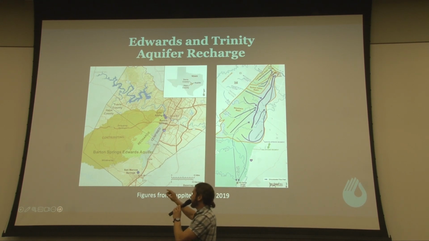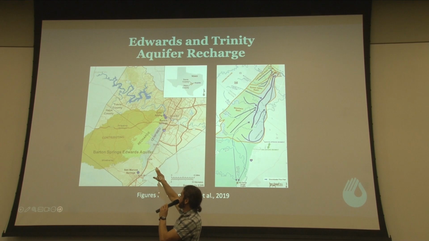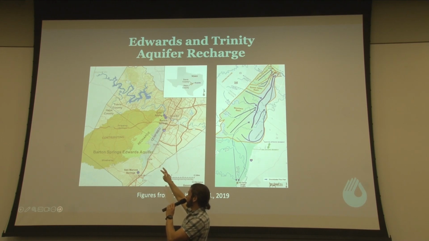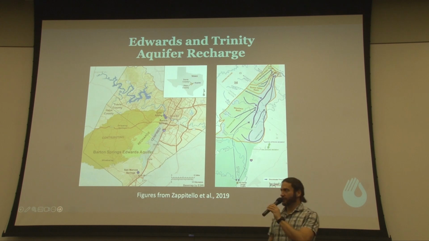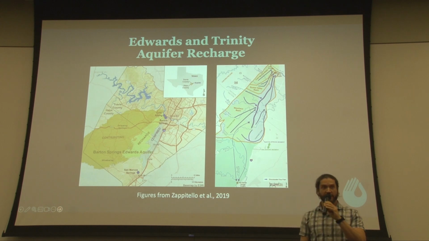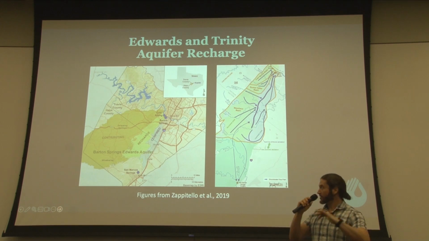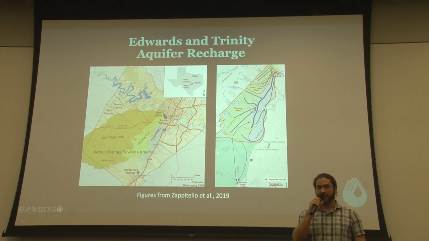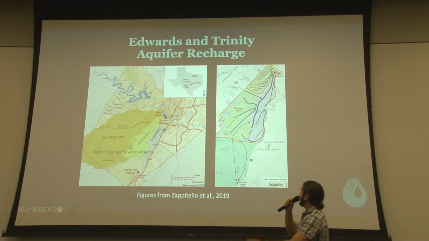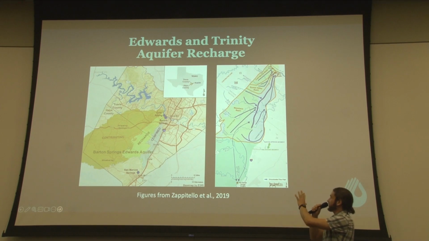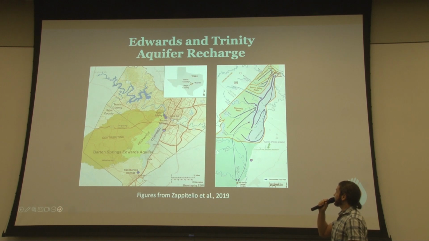So generally you can see here in the light green, this is the Edwards recharge zone. This is where Edwards geologic units are outcropping on the surface, and we have streams flowing over those units and directly recharging the aquifers. On the right here, you can see the delineated flow paths within the Barton Springs segment of the Edwards Aquifer.